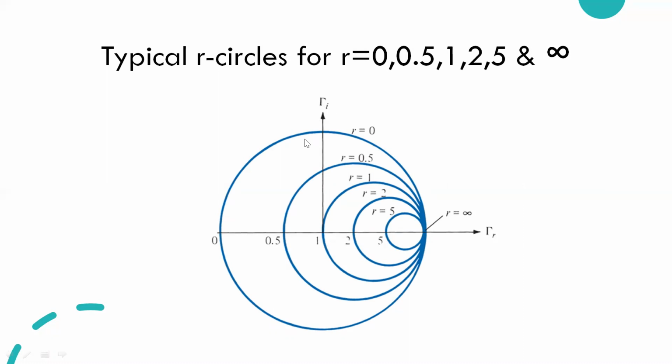So for the resistance value 0 that was considered in the previous slide, we got the center 0 comma 0. So this is the point of center 0 comma 0.